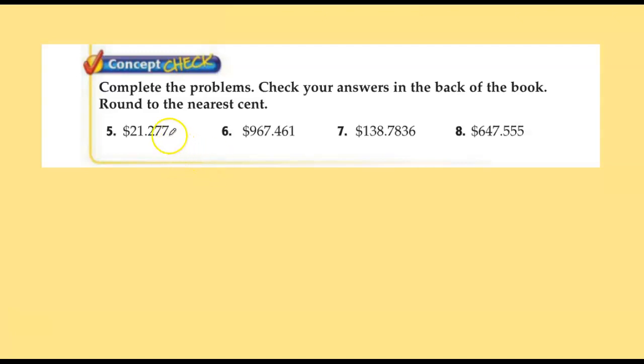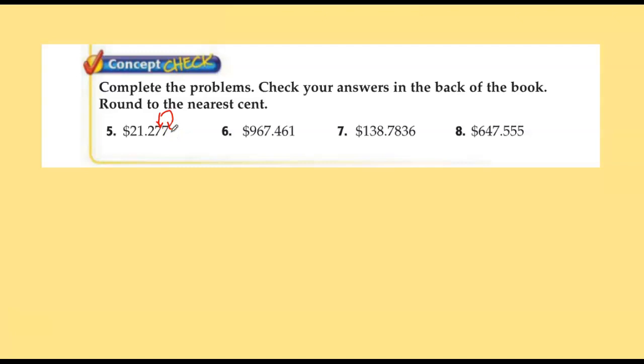So now that you've done them, let's see how you did. If I look at number 5, it's $21 and 27.7 or whatever cents. Remember, we just want 2 digits after. So I'm always going to look at this. This is my number I choose. I look next door.